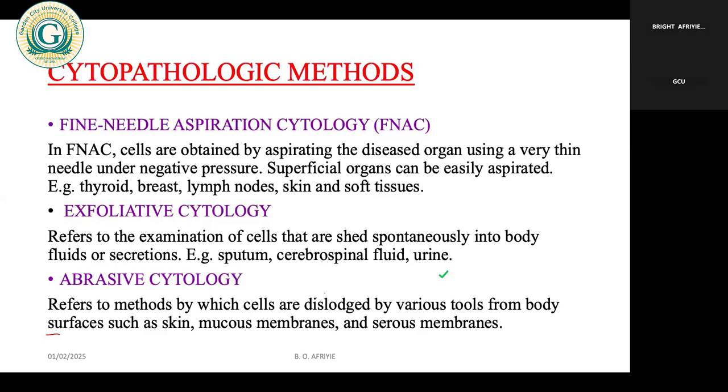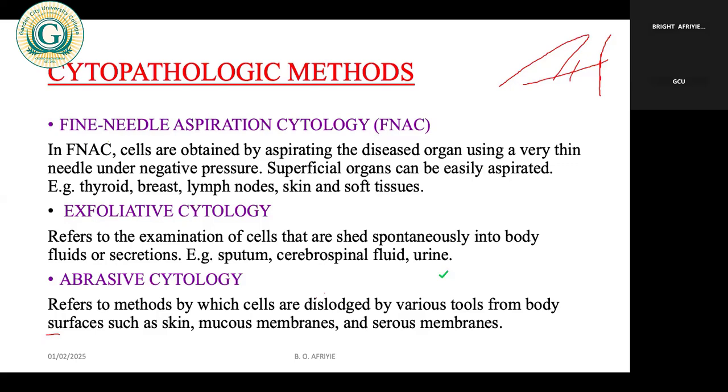These are compact cells. You use sharp tools, you use scalpels to dislodge cells from body surfaces, and not only body surfaces like the skin, but even mucous membranes as well as serous membranes.